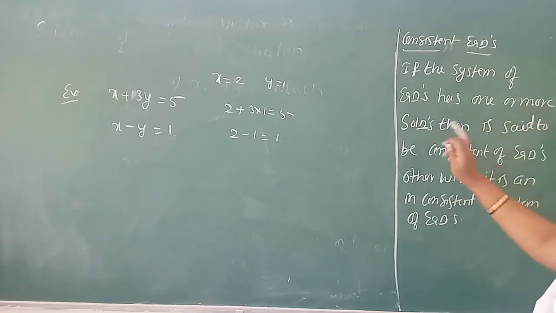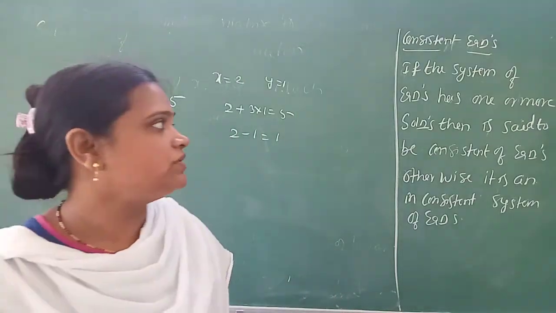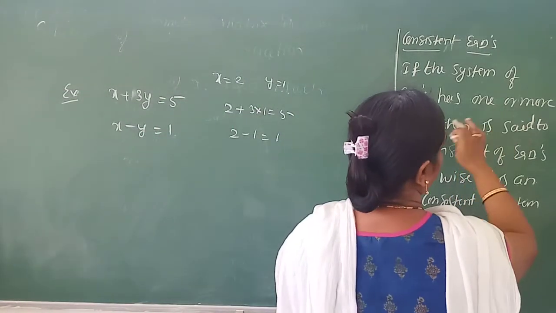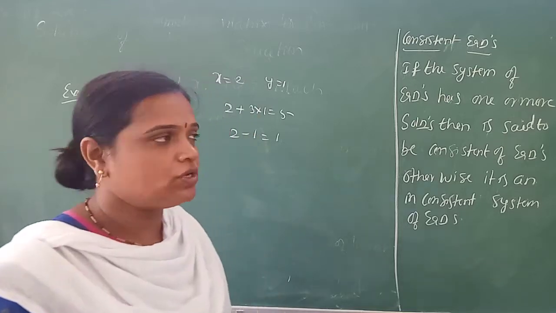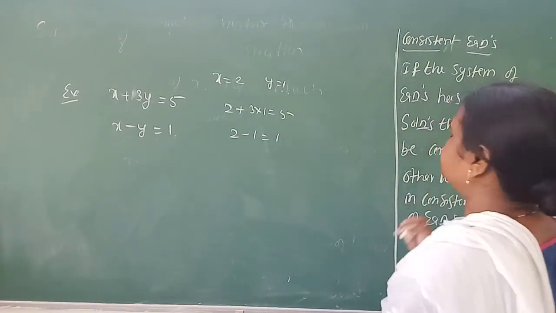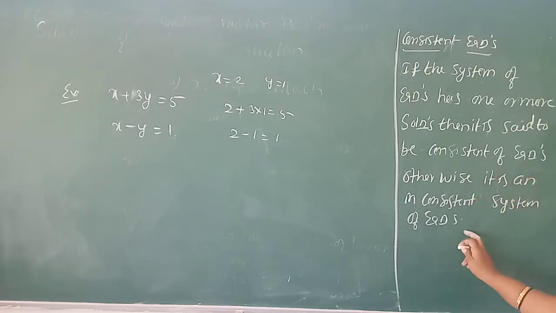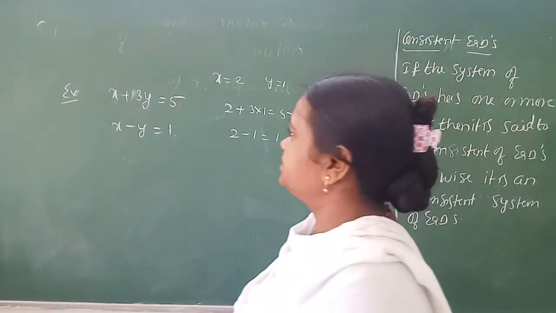If the system of equations has one or more solutions, then it is said to be a consistent system of equations. Otherwise, it is an inconsistent system of equations.